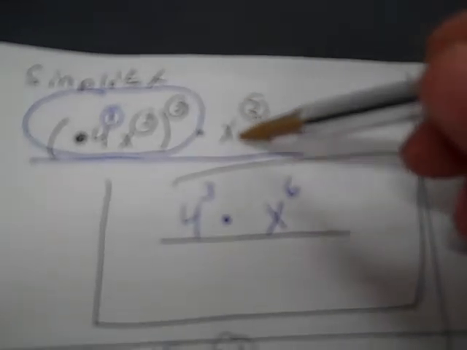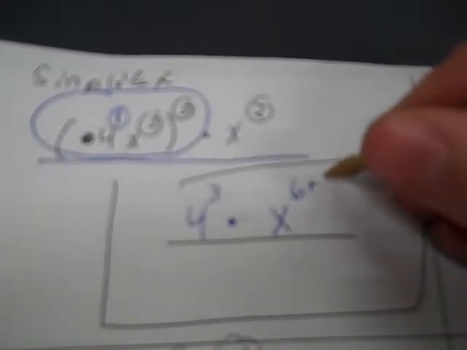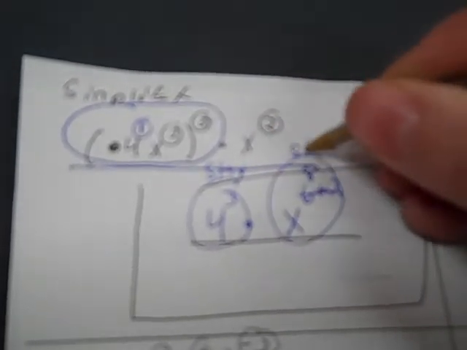And then here's my other X. We're still on top of the line, so that's adding, and we'd add 2. Okay, so 6 plus 2 gives me 8. Okay, so here are my 2 factors, 4 to the 3rd and X to the 8th. Now they're both positive, so they're both going to stay on the same side. So stay and stay. So they both stay on top.